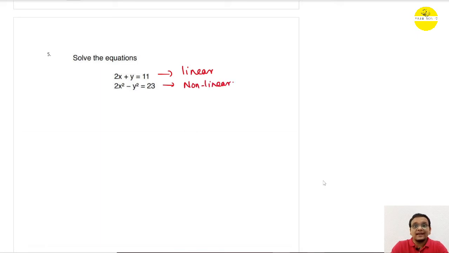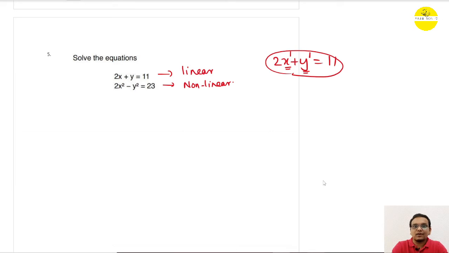Why linear, non-linear? Because the power of x here is 1. I'm writing 2x plus y is equal to 11. Now tell me, what is the power of x? Is it 1? Which is not written, but you have to understand this is 1. What is the power of y? Is it 1? Yes. So this kind of equation is known as a linear equation.